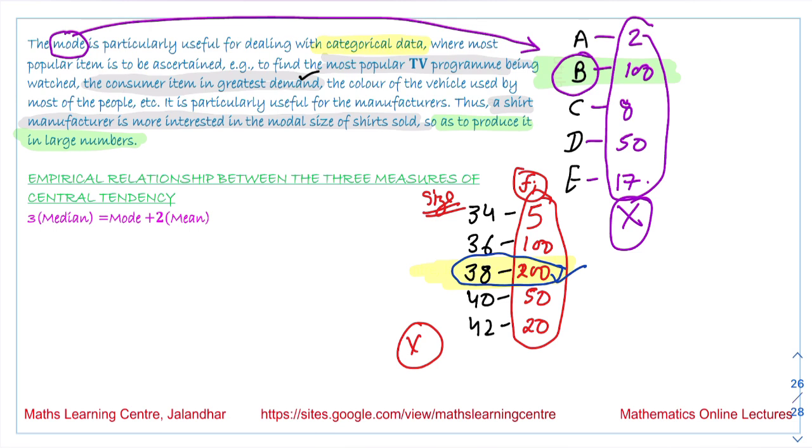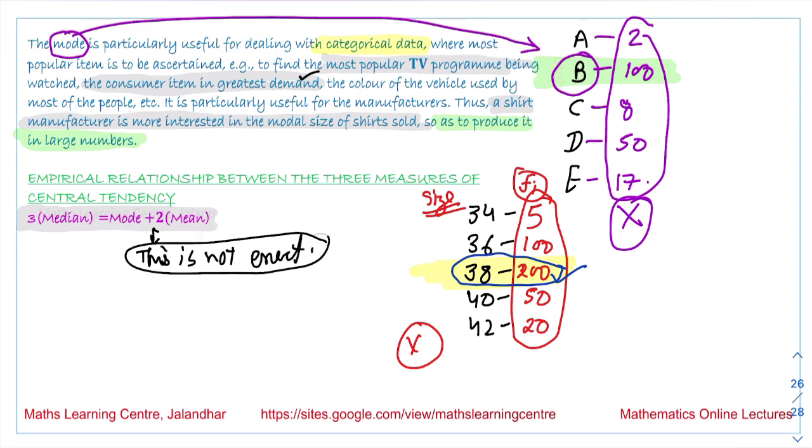Then we have an empirical formula: 3 times median is equal to mode plus 2 times mean. I am again mentioning, this is not an exact formula, but just a general idea.